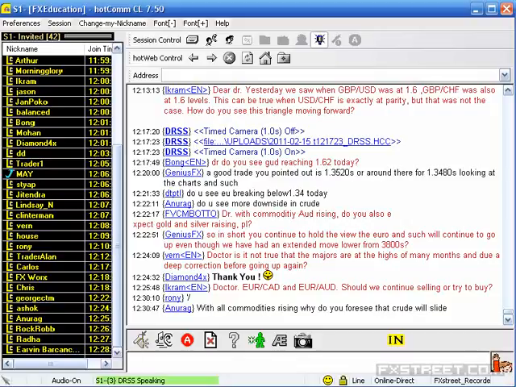Okay, Anurag asks: with all commodities rising, why do you foresee that crude will slide? I think you are not familiar with the commodity pairs and crude. Most of the time, you can just refer to the chart and compare it: whenever they gain levels in the case of the euro, whenever they gain levels in gold and silver, they drop crude.